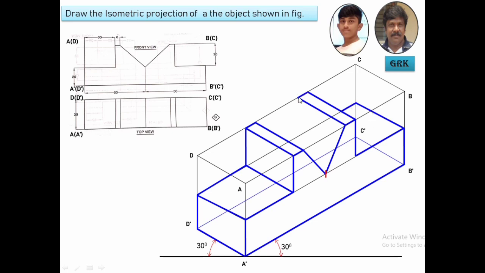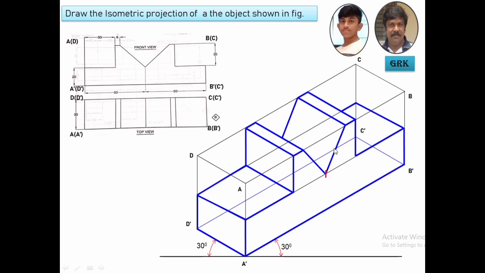Now you draw here a line parallel to this non-isometric line. Keep the drafter along this line, move it here, place it at this corner, then draw a line. This completes the isometric projection of the given orthographic views of an object.